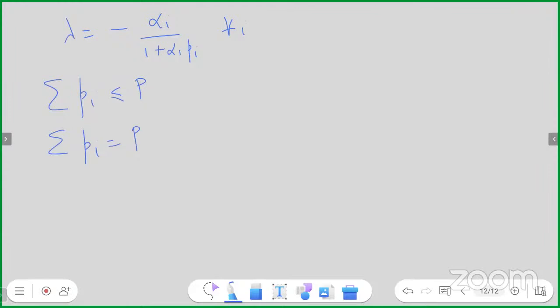What will that be? So pi is minus alpha, 1 plus alpha I pi. So pi is minus alpha I minus 1 by alpha I.